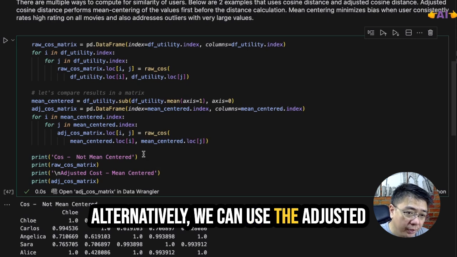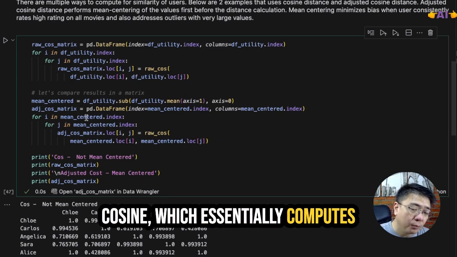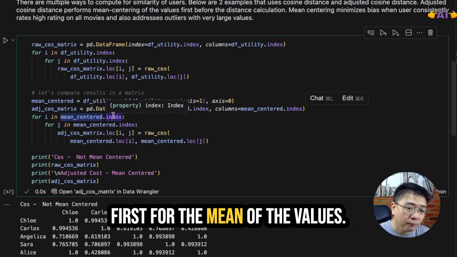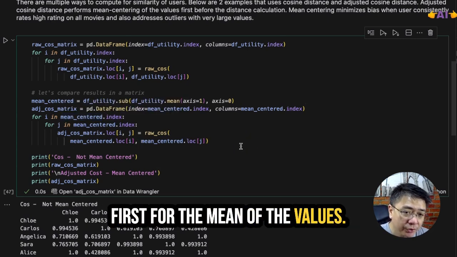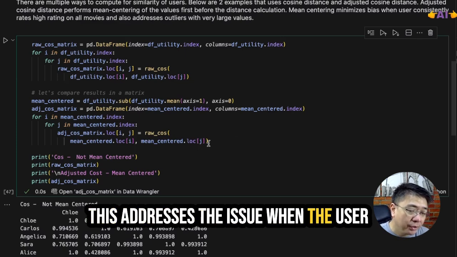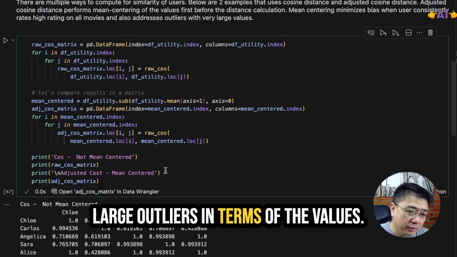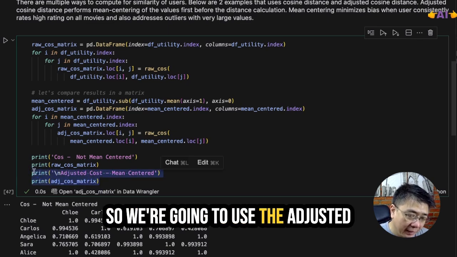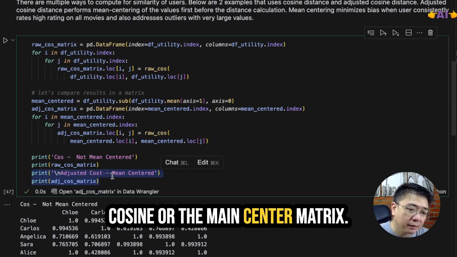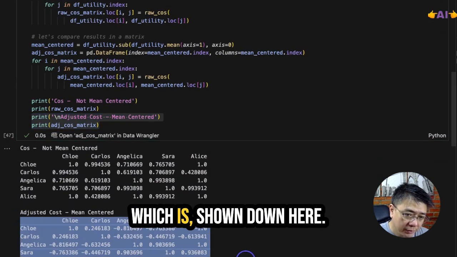Alternatively, we can use the adjusted cosine, which essentially computes first for the mean of the values. This addresses the issue when the user has consistently high ratings or there are large outliers in terms of the values. So we're going to use the adjusted cosine or the mean-centered matrix, which is shown down here.